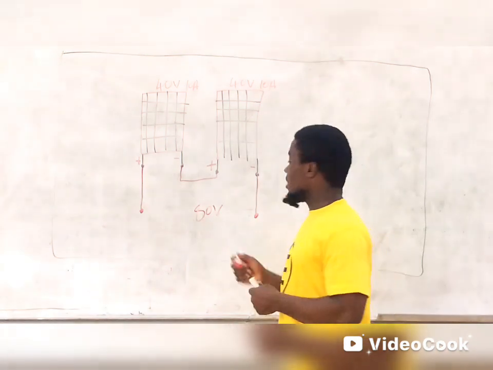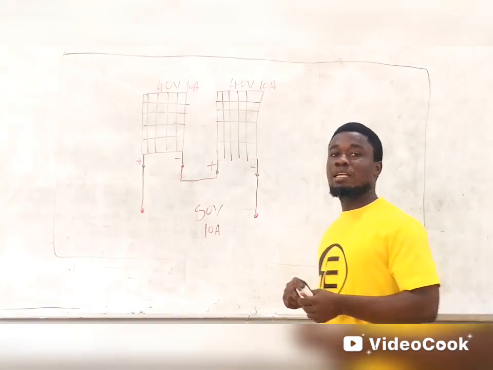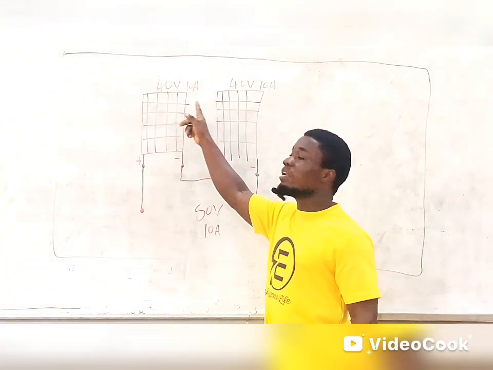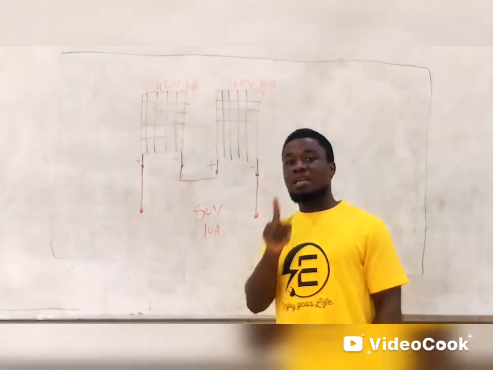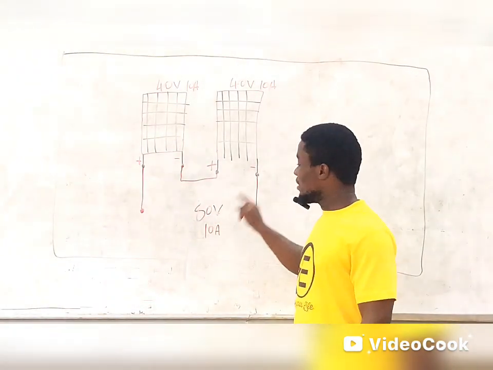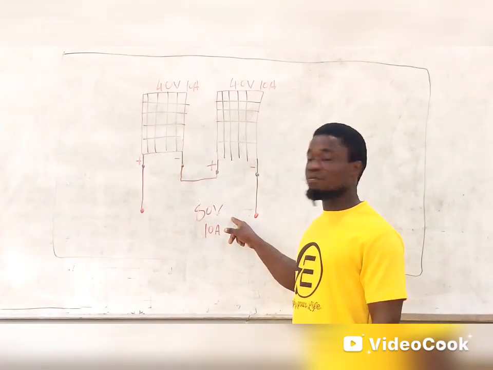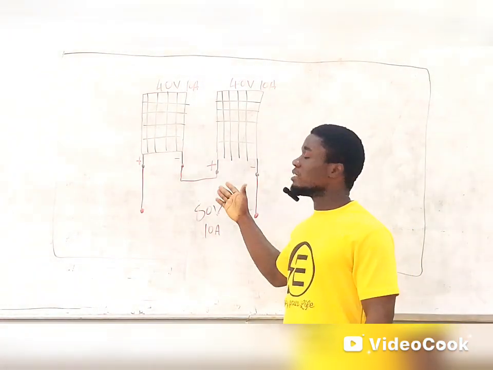And the current remains the same at 10 amp. Remember, when we connected in parallel, the current added up to 20 amp, but the voltage remained the same. But now that we are connecting in series, the voltage adds up to 80 volts and the current remains the same. This is series connection.